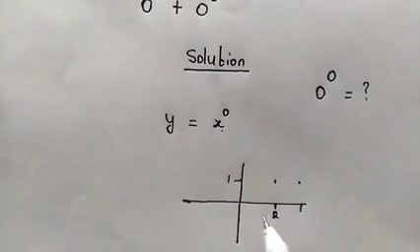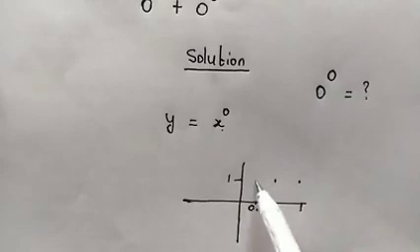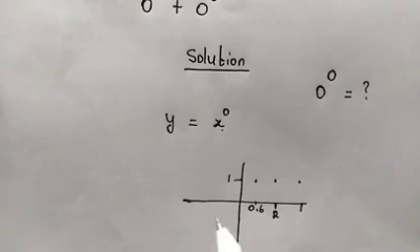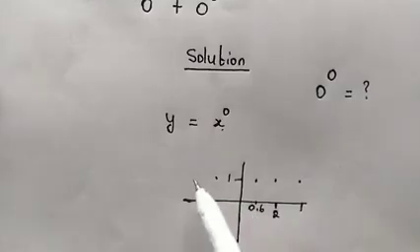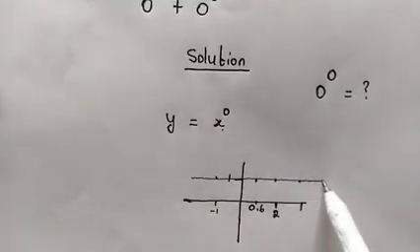Let's consider when x is equal to 0.6, then the corresponding value for y is going to be 1. Also when x is negative, let's say negative 1, then the corresponding value for y is 1. So this is the graph of x raised to the power of 0.